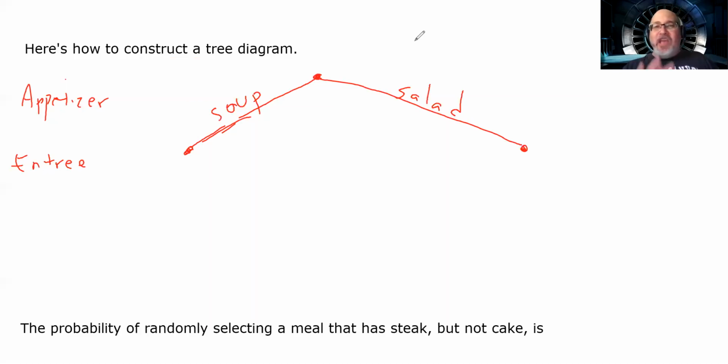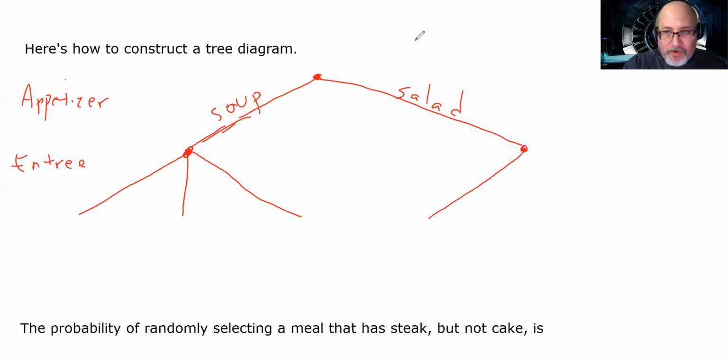So from each of the appetizer branches, we're going to branch out once per entree. 1, 2, 3. 1, 2, 3. And our entrees were steak, chicken, and fish.